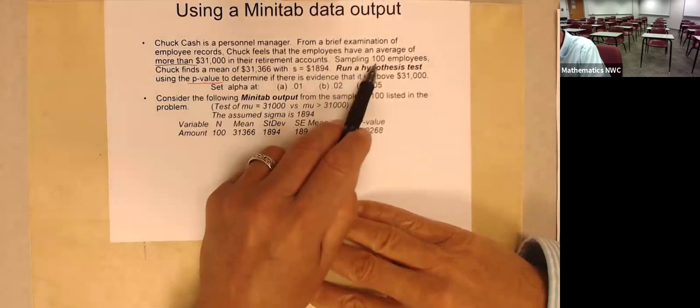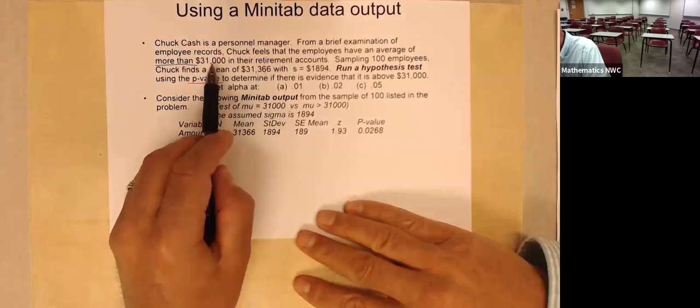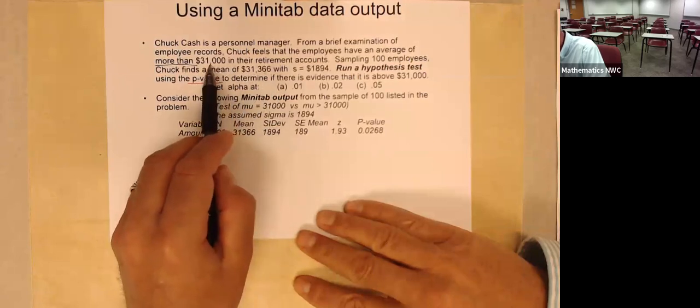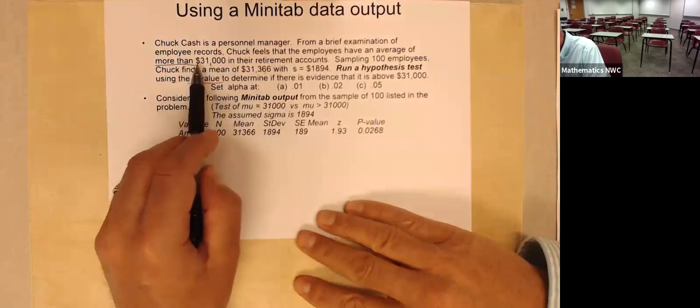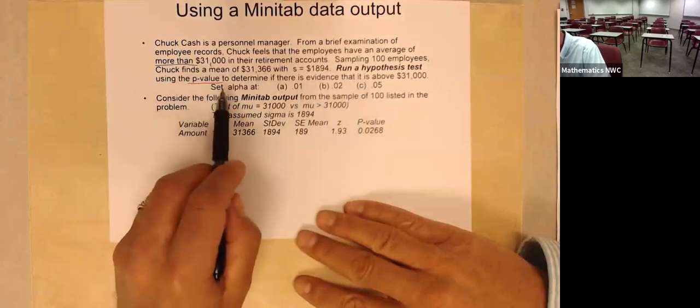They sample 100, find the mean is 31,366, which of course is more than that. Is that far enough that I have mathematical evidence to say that it is now more than? They want me to run the hypothesis test at a p-value.